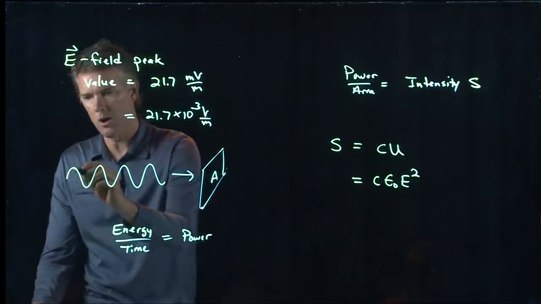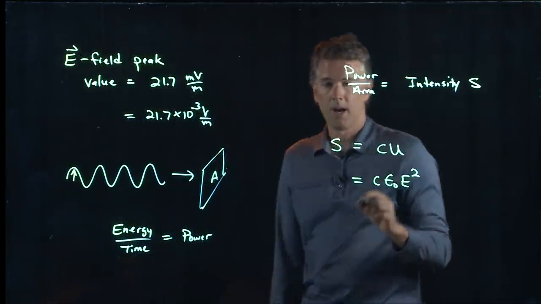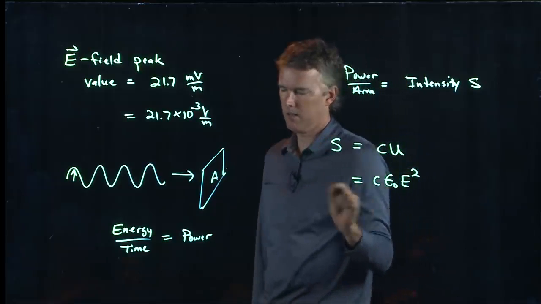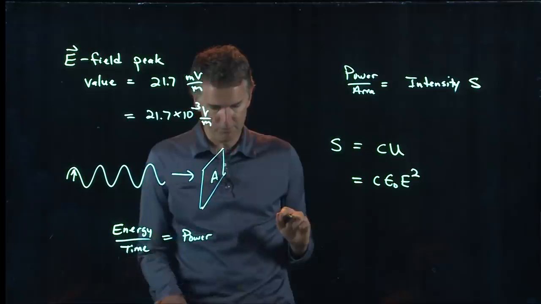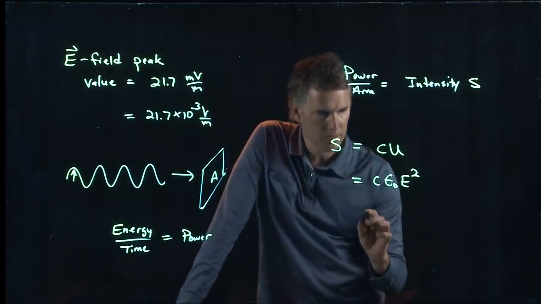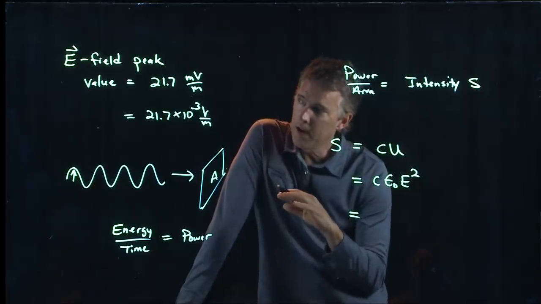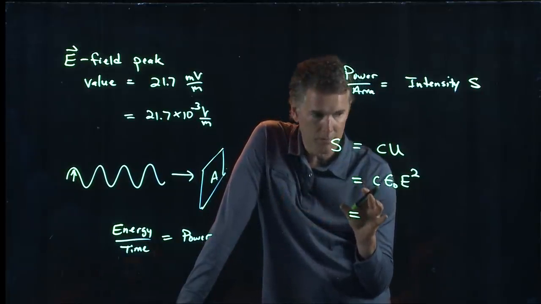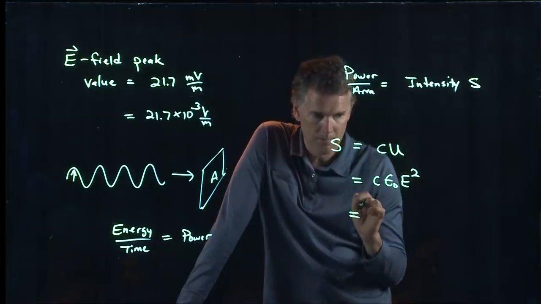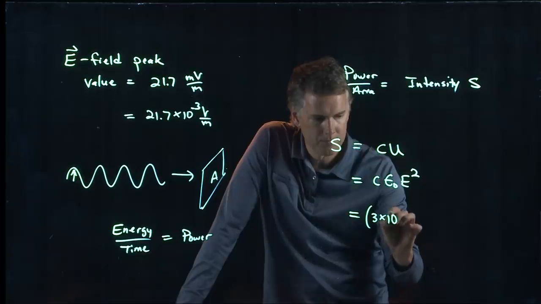So if I know E, I can in fact calculate this. Now we got to be perhaps slightly careful about this because they tell us it's a peak value, and so we have to be a little bit careful about what we're going to use in here. But let's try it and we'll see if it works out.